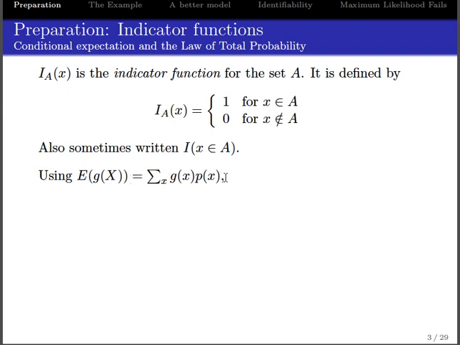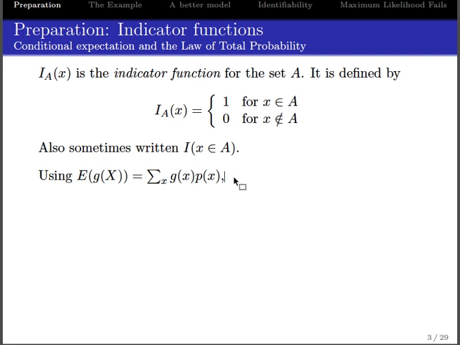And if you use the well-known formula for the expected value of a function of a random variable, that is, instead of letting y equal g of x and then taking the expected value of y in the ordinary way by summing or integrating against the probability distribution of y, you can simply take the function g of x and sum or integrate that against the probability distribution of x.